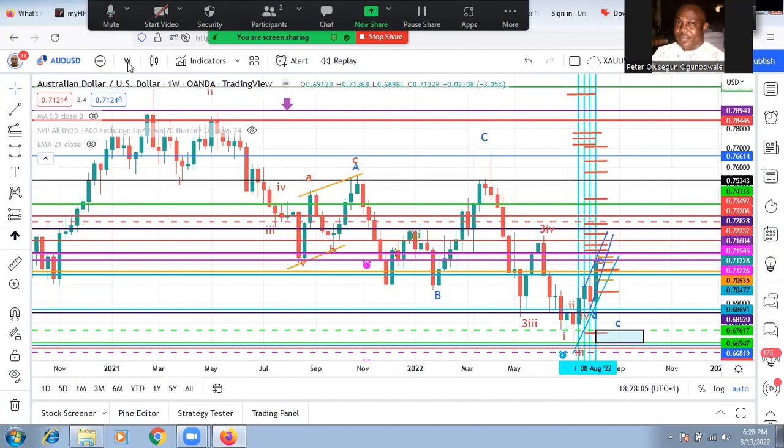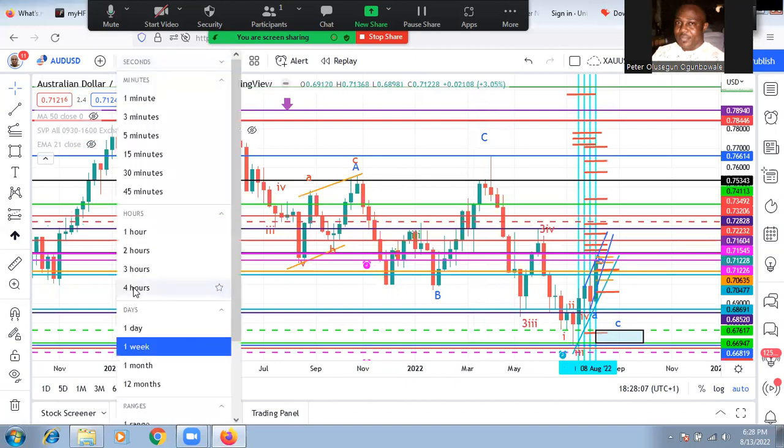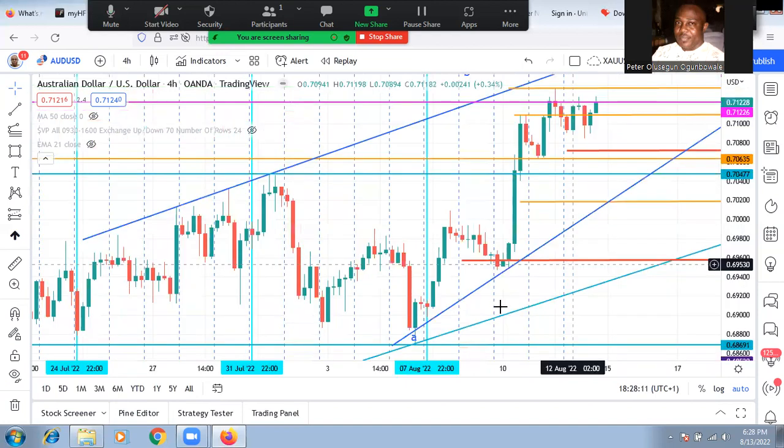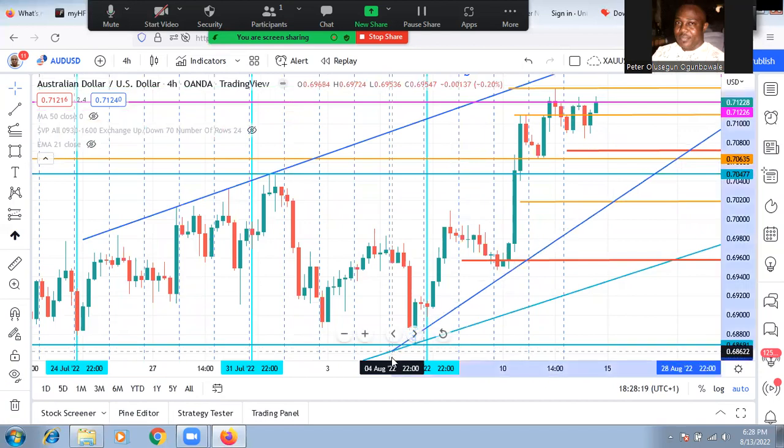And if we go more down inside the 4-hour candle and see what price is going to do here, let's go a bit more down inside the 4-hour candle.